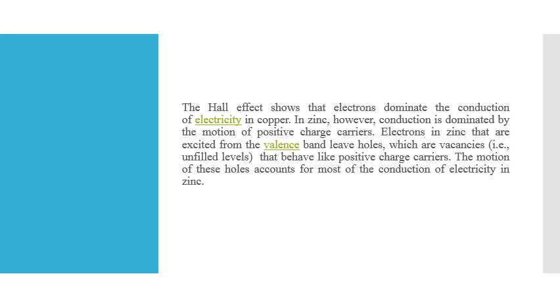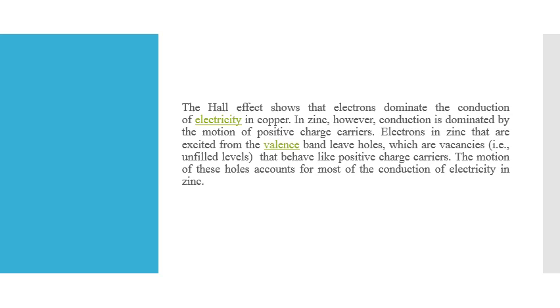This Hall effect shows that electrons dominate the conduction of electricity in copper. In zinc, however, the conduction is dominated by the motion of positive charge carriers. Electrons in zinc that are excited from the valence band leave holes, which are vacancies and behave like positive charge carriers.